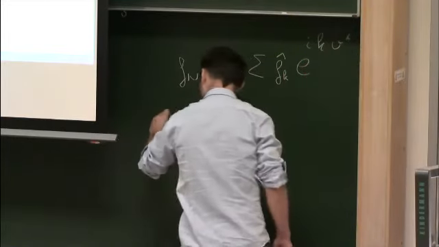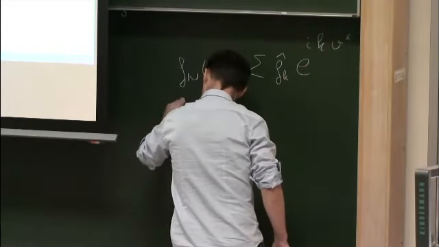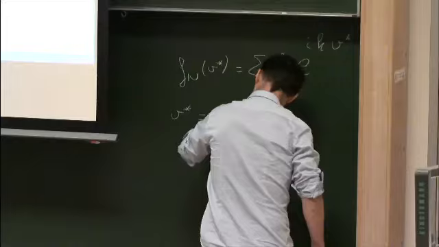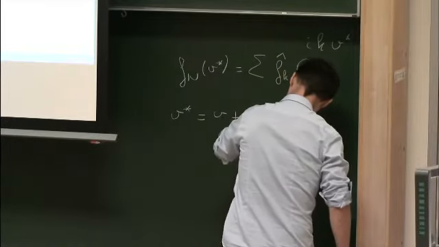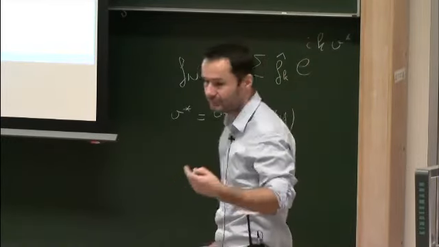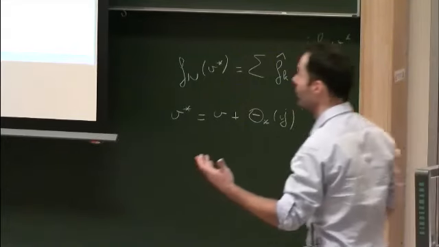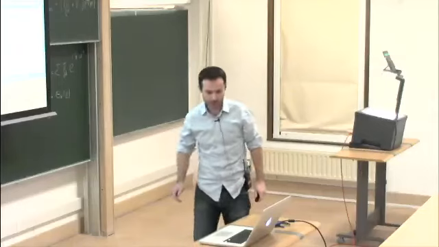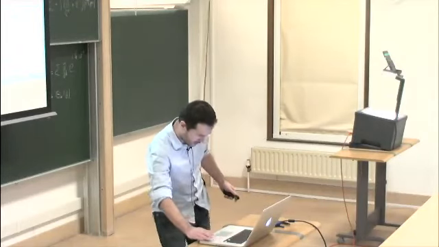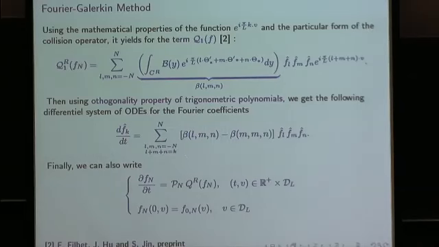And now I remind you that v star is given by v plus a function theta star of y, and using the property of the exponential function, you can decouple the variable v and y. Then you get, for your truncated collisional operator Q1, a formula like this, where you decouple v and the variable of integration y.